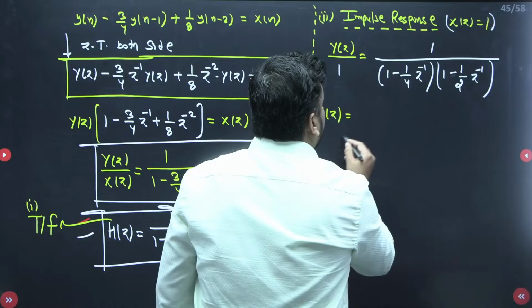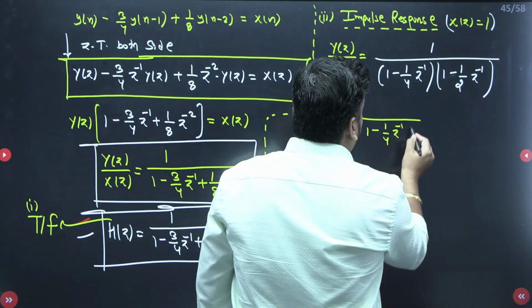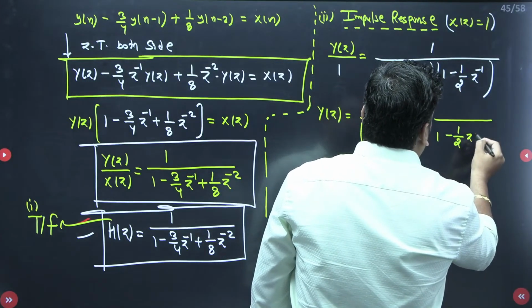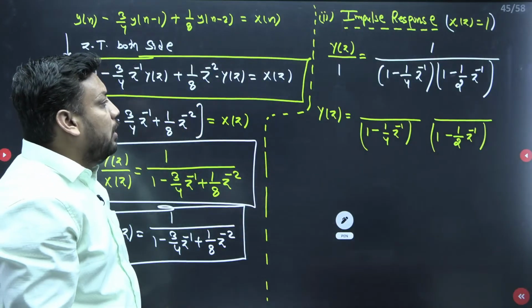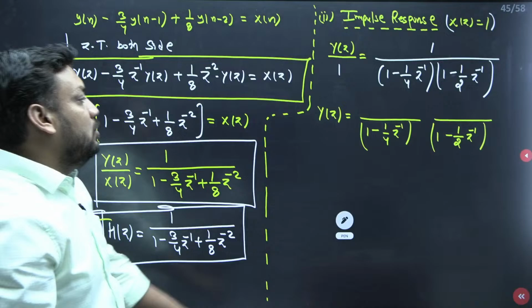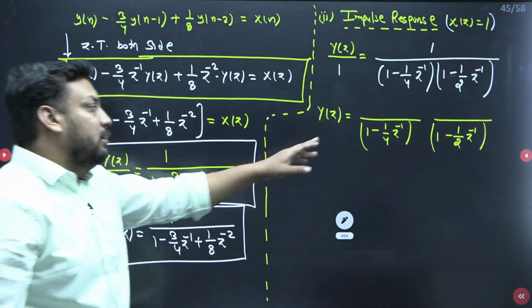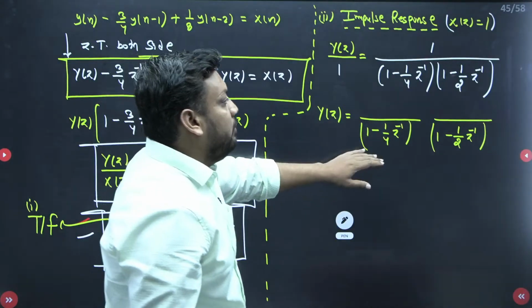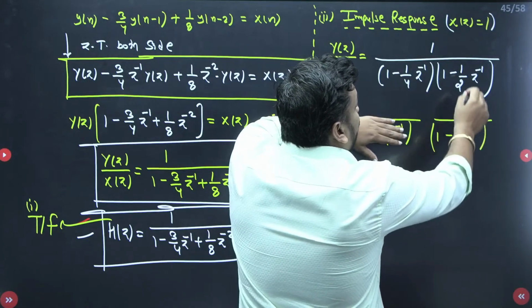The yz value will be here 1 minus 1/4 z^-1, and here also you will get 1 minus 1/2 z^-1. If I equate this term to 0, then the z^-1 value will be 4. If the z^-1 value is 4 here, then what will you get? 4 upon 2.